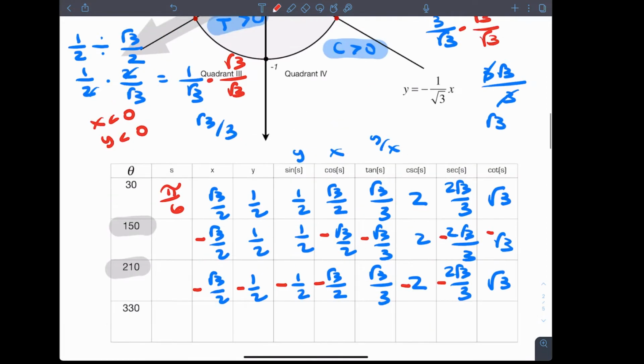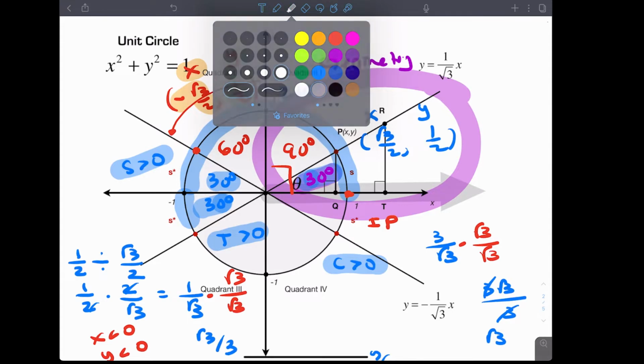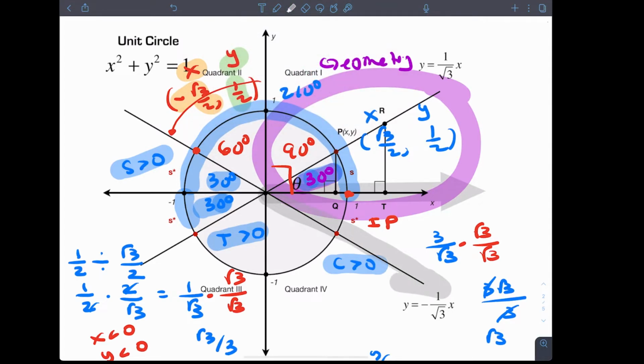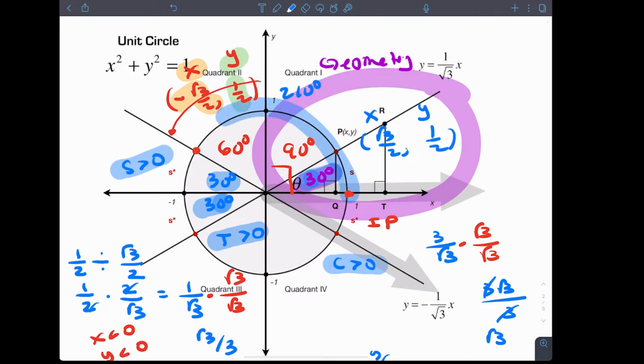330. What's this angle? Anybody know? This is 270. Is that right?